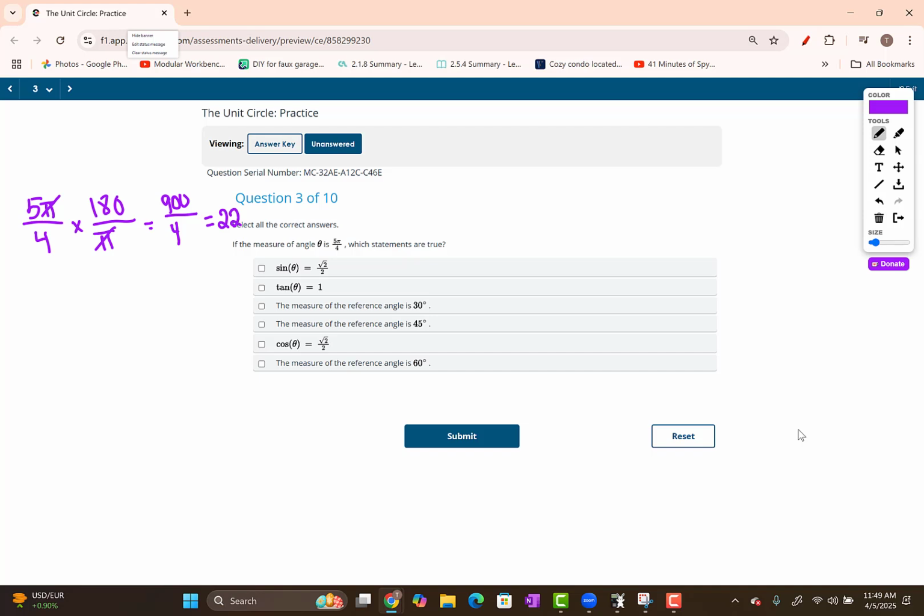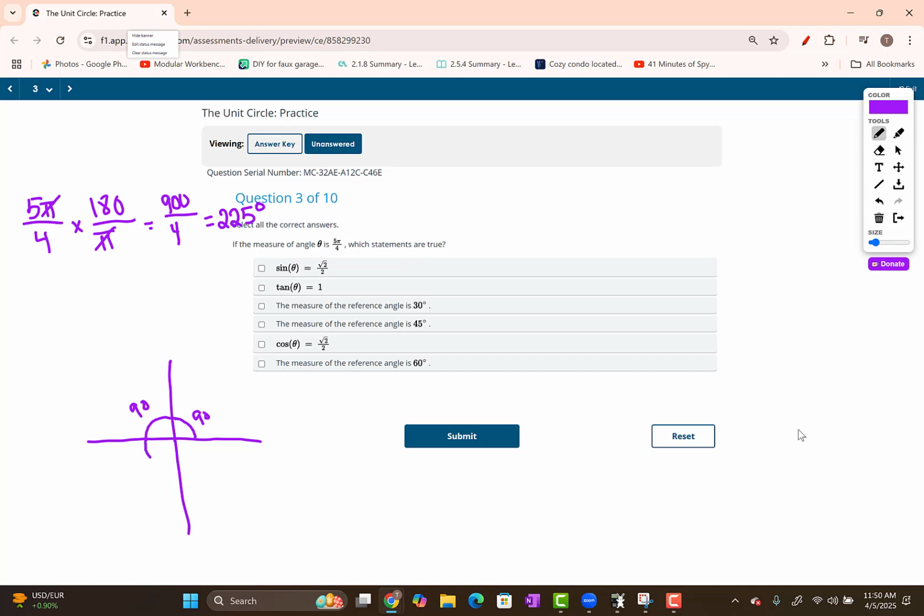So that's something we're more familiar with. It's not quite a full circle. So if we graph that on the coordinate plane, remember each one of these quadrants represents 90, and we go counterclockwise, so that much is 90. This much is another 90, so 90 plus 90 is 180. And then 225 minus 180 is 45.